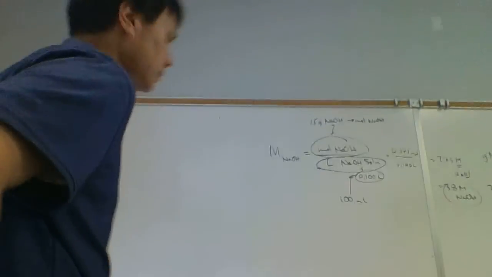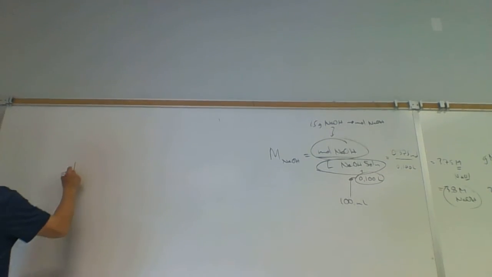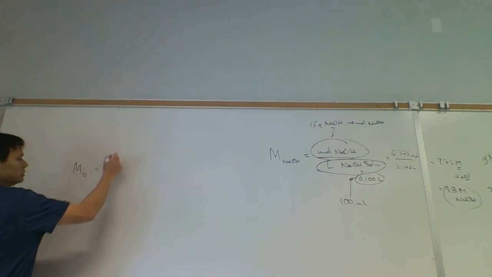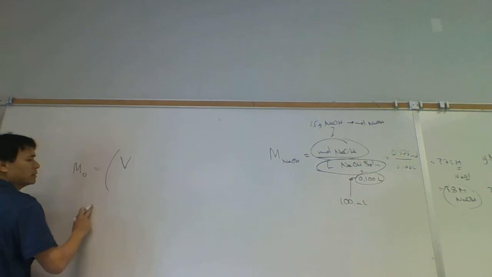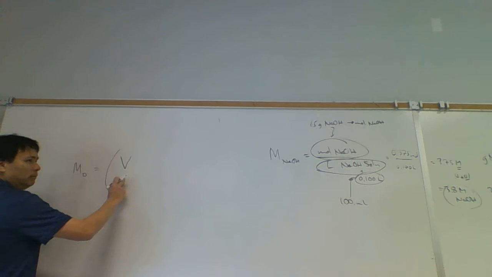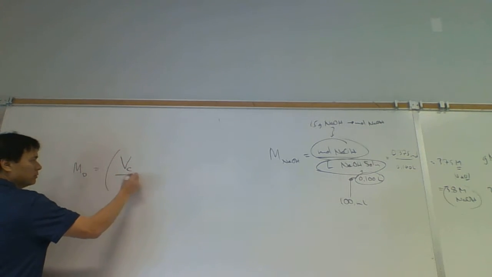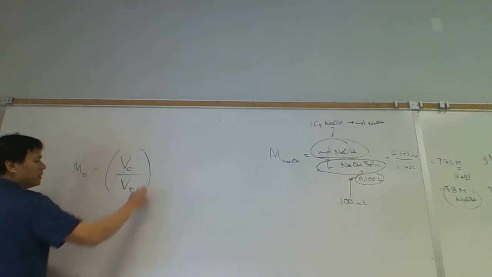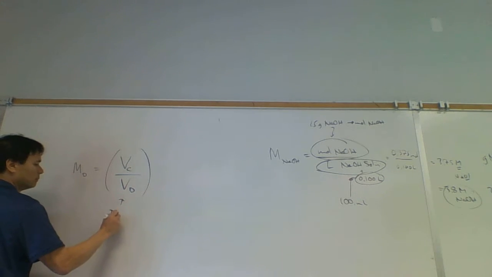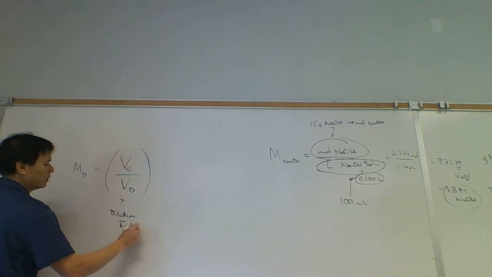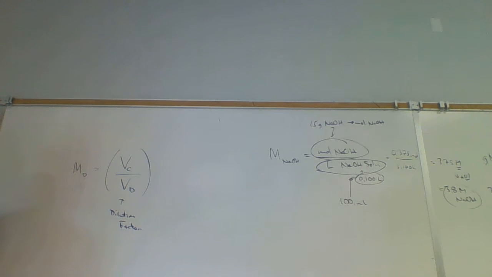The solution dilution equation is going to look like this. The molarity of the dilute solution is equal to the molarity of the concentrated solution times the volume of the concentrated solution over the volume of the dilute solution. This is called the dilution factor. Let's say we take 1 part concentrated and make it 2 parts total.